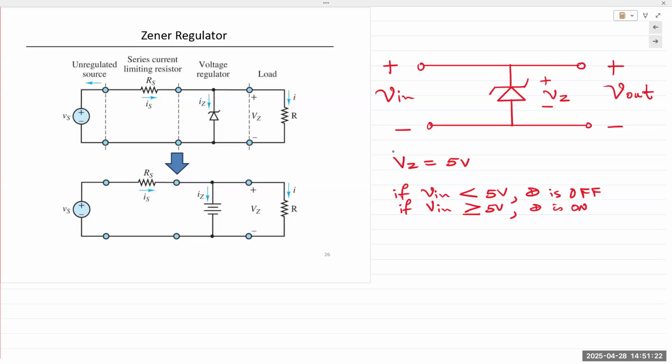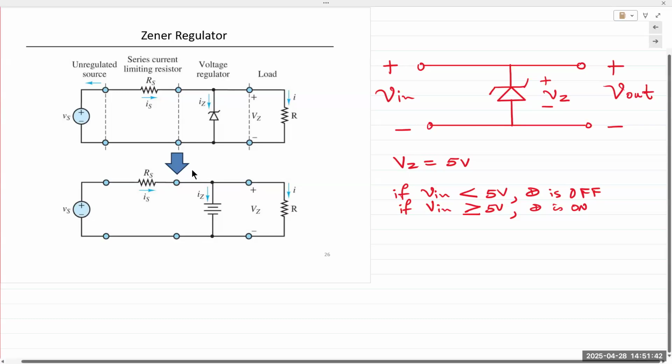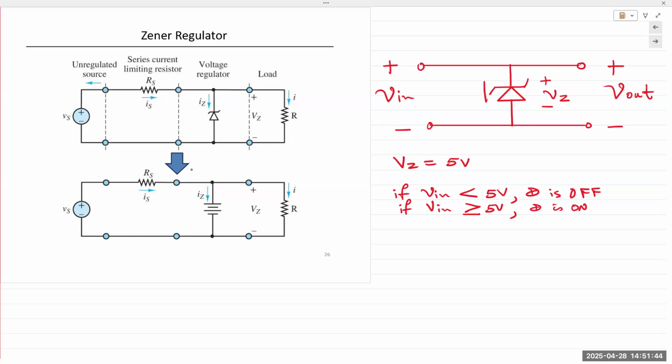So once the diode turns on, what happens? The reverse current starts flowing through. The junction is broken down. Current starts increasing through the diode, but it holds the voltage across itself constant. IZ, that is flowing through in this direction, increases.